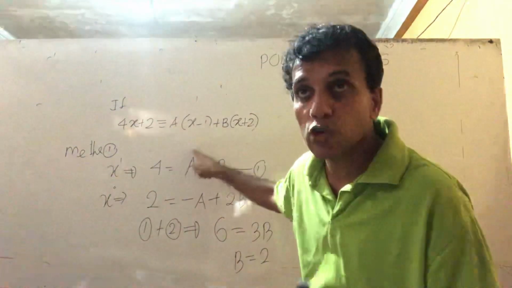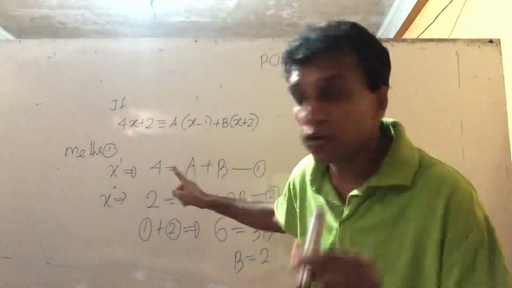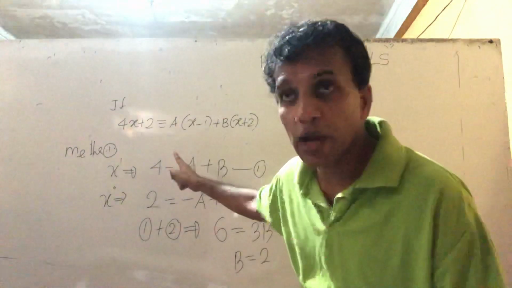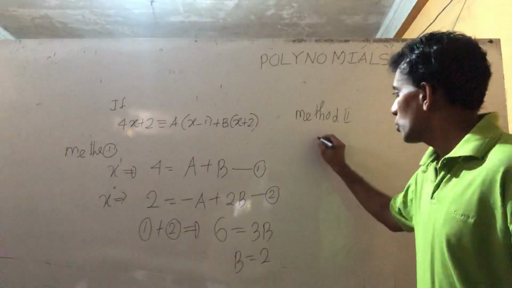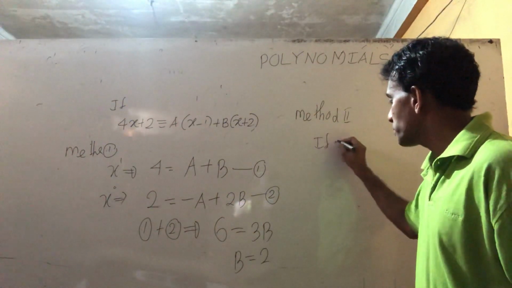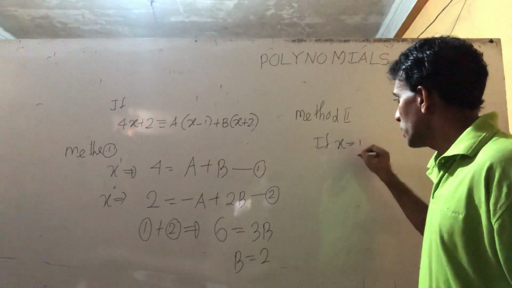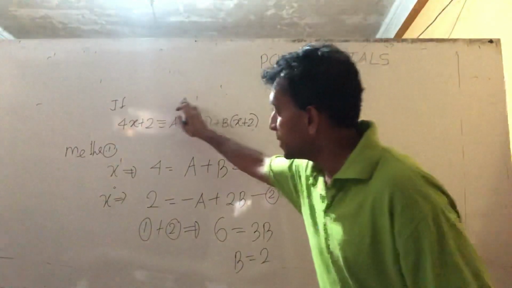So to find the b answer, make this 0. When this becomes 0, put x = 1. If you put x = 1, 1 minus 1 is 0.